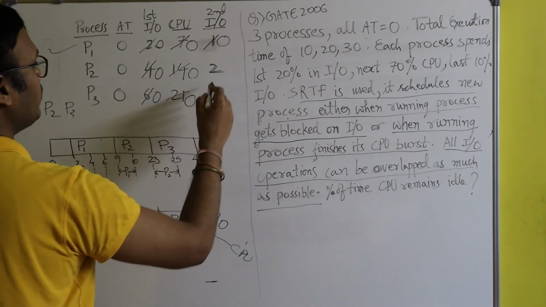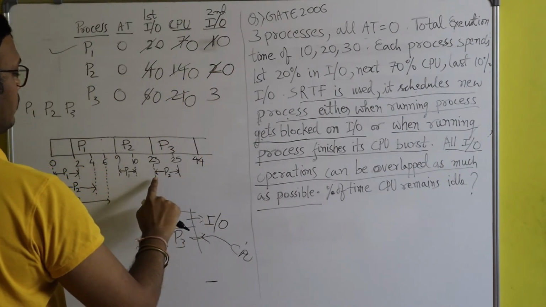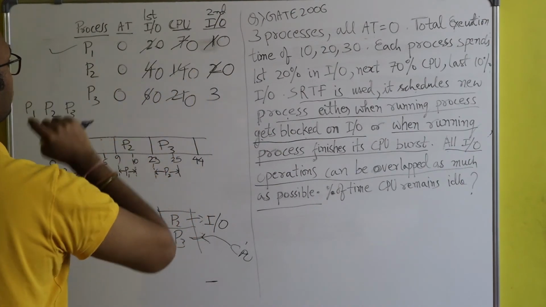Since process P2 completed its second IO, here I will write 0, because no more time is left for the IO of process P2.